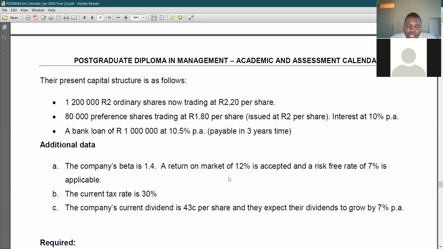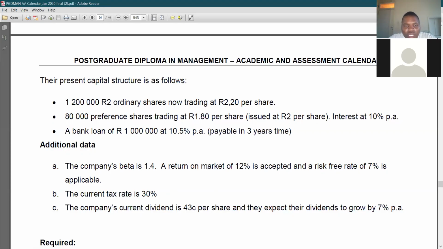CAPM is simple as compared to the Gordon model, just because in the Gordon model, there is quite a number of calculations that you need to do. In CAPM, you just need to master the formula and then substitute.